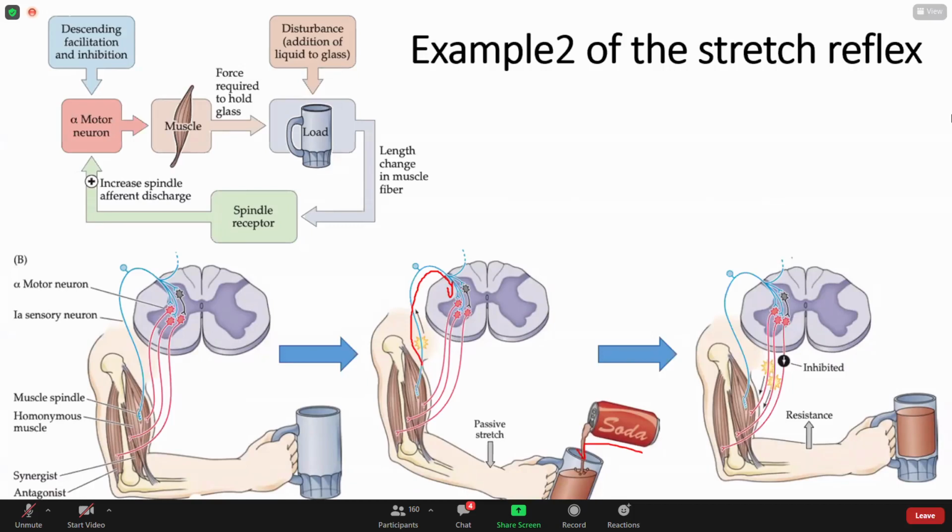Directly, either synapsing with an alpha motor neuron, which is going to excite the flexor muscle, which in this case is the bicep, okay.